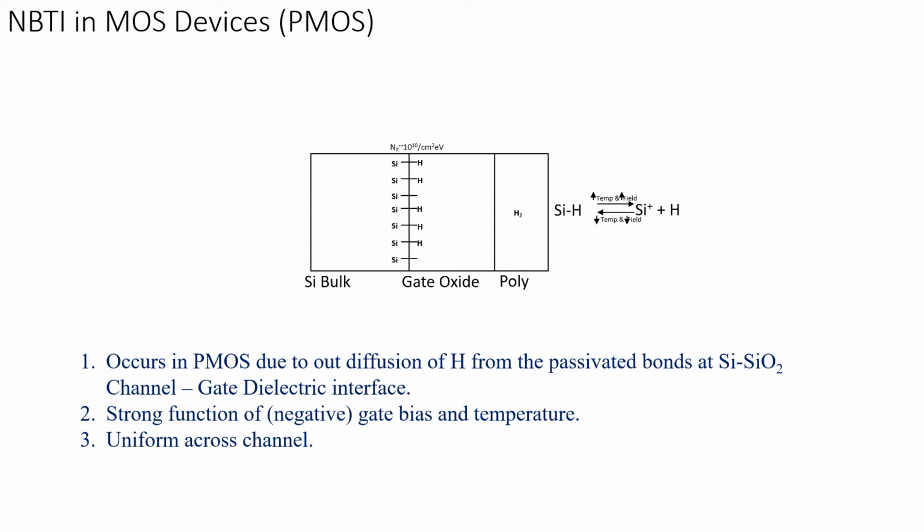Because the reaction is occurring at this interface, dissociating the bond, and that reaction is getting accelerated by temperature and field, producing Si plus and hydrogen, and the SiH created by some other SiH covalent bond can also generate elemental hydrogen, which can again out diffuse, because hydrogen is the lightest element, so it easily tends to out diffuse.